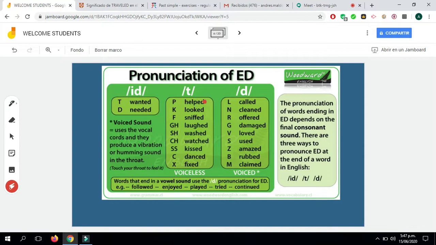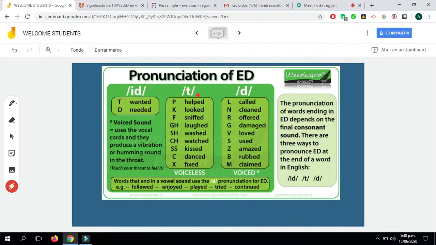Okay? The second part, but this is only for these cases. When a word finishes in P, K, F, S, SH, CH, or X, we say the pronunciation is with T, like a T at the end. I mean not a full T, but the sound like creating a T. Pay attention, you need to listen. For example, in this case, we don't say, I help it. No, that's incorrect, okay?